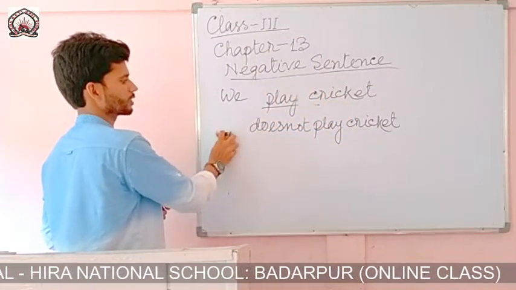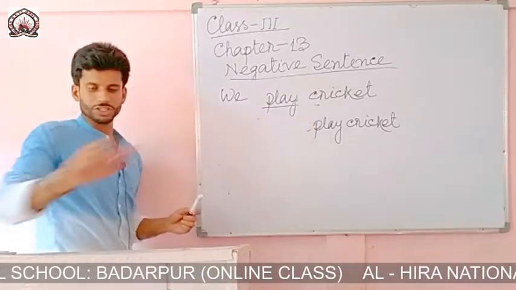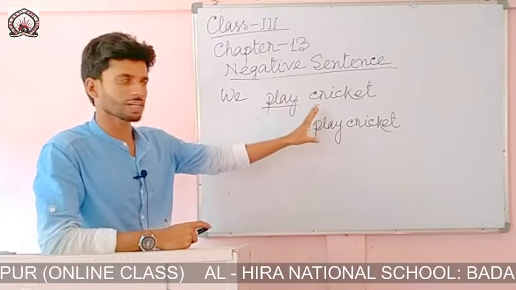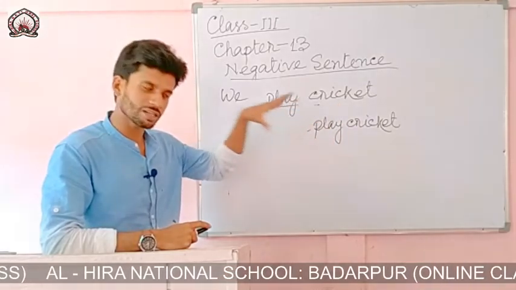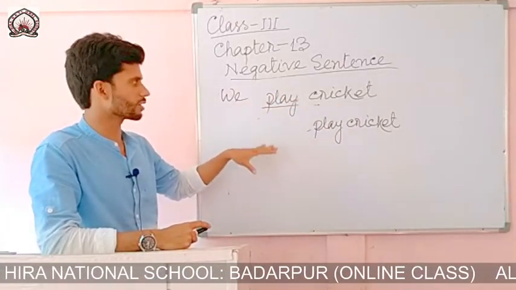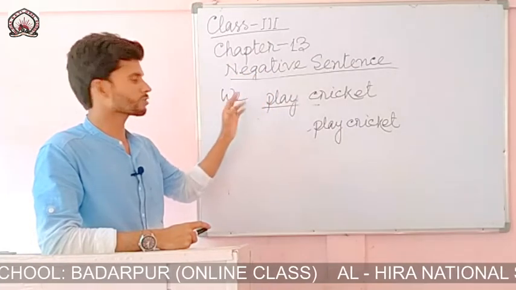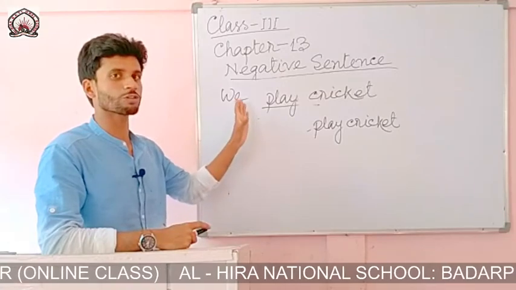The answer will change. How? When I wrote he plays cricket, it was in simple present tense. Now I have written we play cricket. It is still in the same tense, simple present tense. It was plays in the earlier case because the subject was he and he is third person singular. That is why I wrote plays.